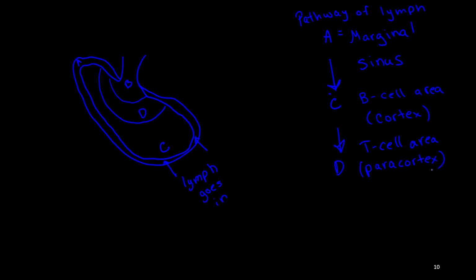So the T cell area is where the T cells ultimately will congregate, while the B cell area is where the B cells are going to congregate. And then finally, it's going to go to B, which is the medulla or medullary sinus, and that ultimately is where the lymph will go out.